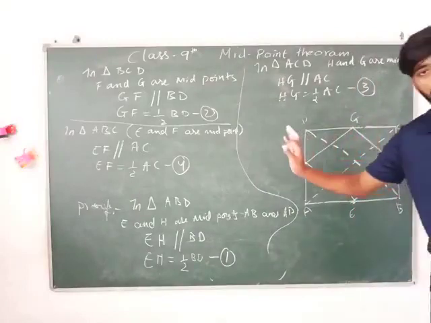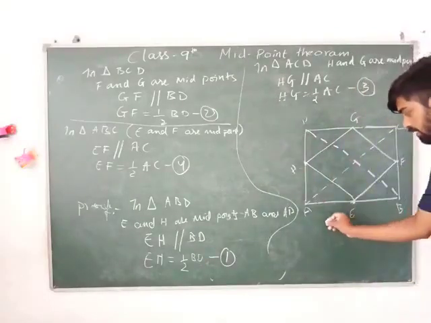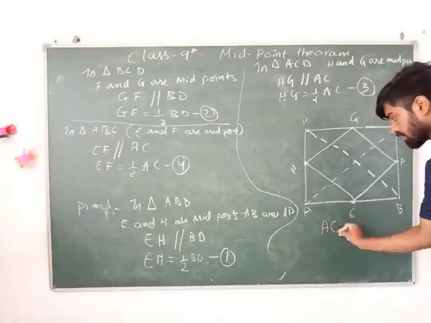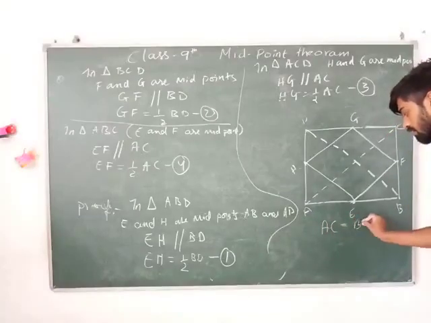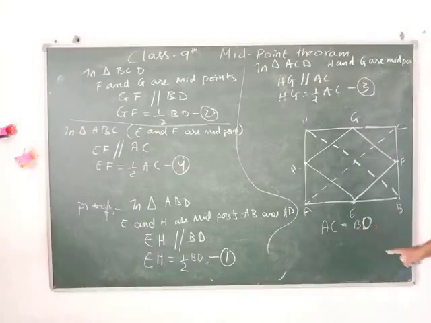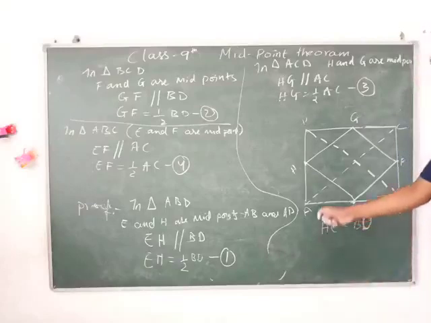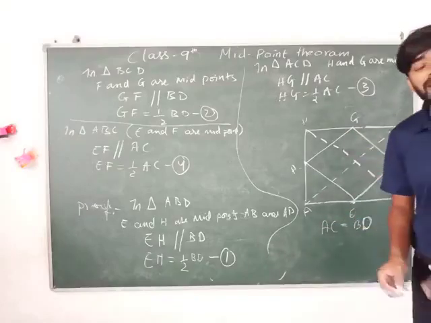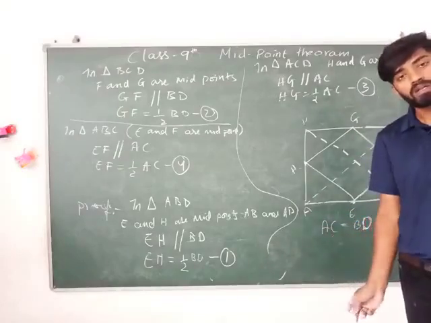Okay, I hope you understood the first, second, third and fourth equation. I'm writing one more thing you need to see over here: AC equals BD. Why am I writing AC equals BD? Because they are the diagonals of a square, and the diagonals of a square are always equal.